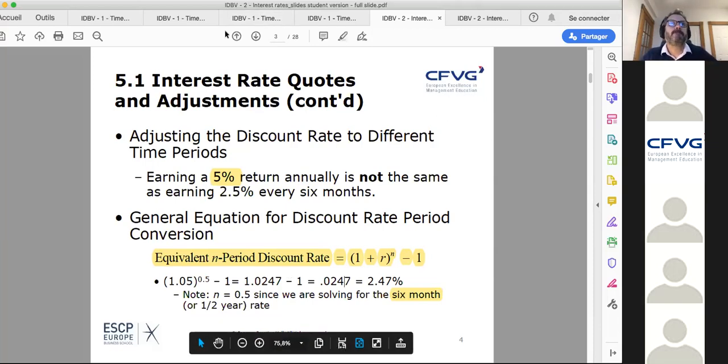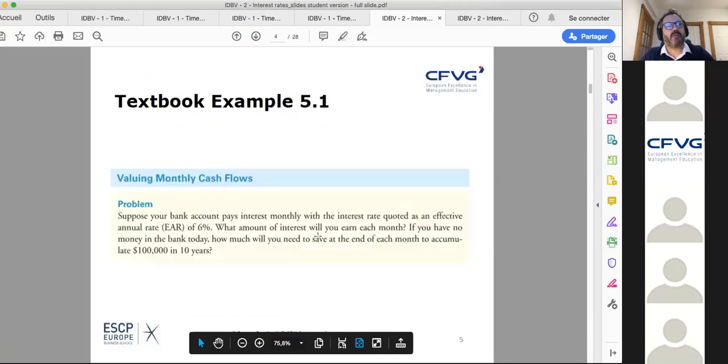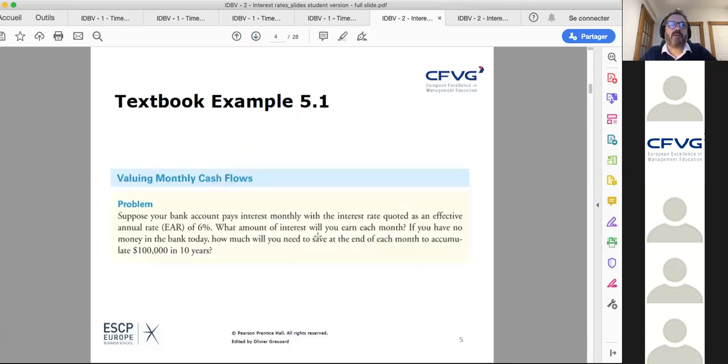Okay, so now let's take an example. Suppose your bank account pays interest monthly with the interest rate quoted as an effective EAR of 6%. What amount of interest will you earn each month? The first question is actually, what is the monthly rate? It's not clear the way it's said. And second question, if you have no money in the bank today, how much will you need to save at the end of each month to accumulate $100,000 in 10 years?